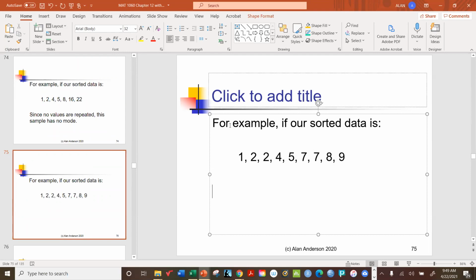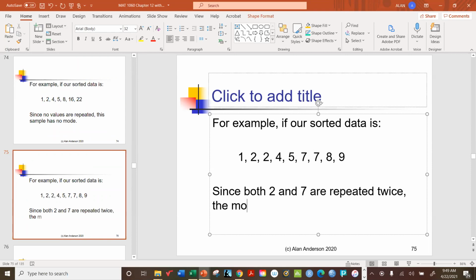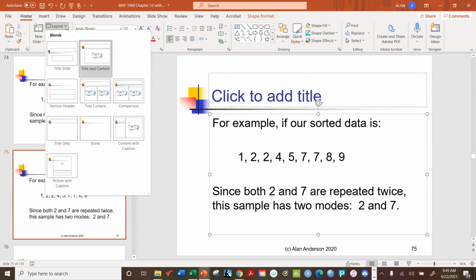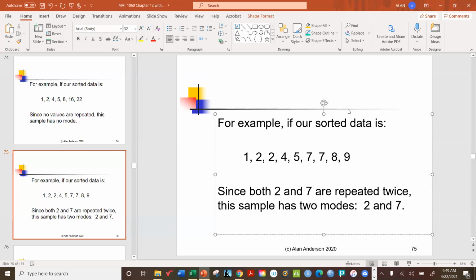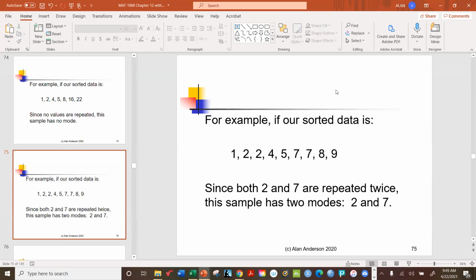Well, you can see here, since both 2 and 7 are repeated twice, this sample has 2 modes, 2 and 7. So you can have 2 modes, and you can have 3 modes, and you can have 5 and 10 and 100. In other words, the mode itself is not guaranteed to be unique.